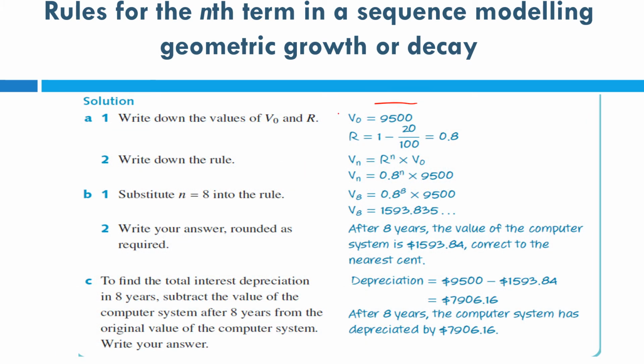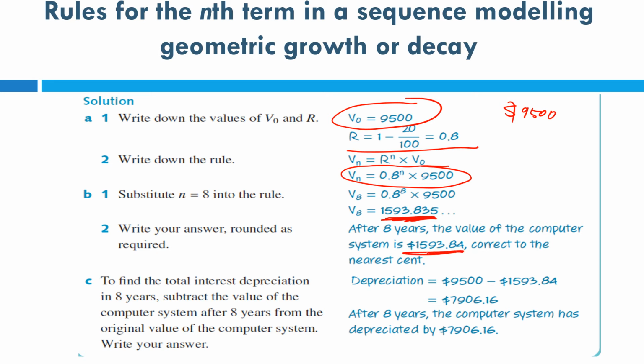So, again, initial value, we've already done this, and we know that that is our sequence. Then we're going to find out V of 8, our rule, sorry. V of 8, 0.8 to the power of 8 times 9,500. There it is there. $1,593.83. So a computer system that started off being worth $9,500 after 8 years is now worth $1,593.84, correct, to the nearest cent.